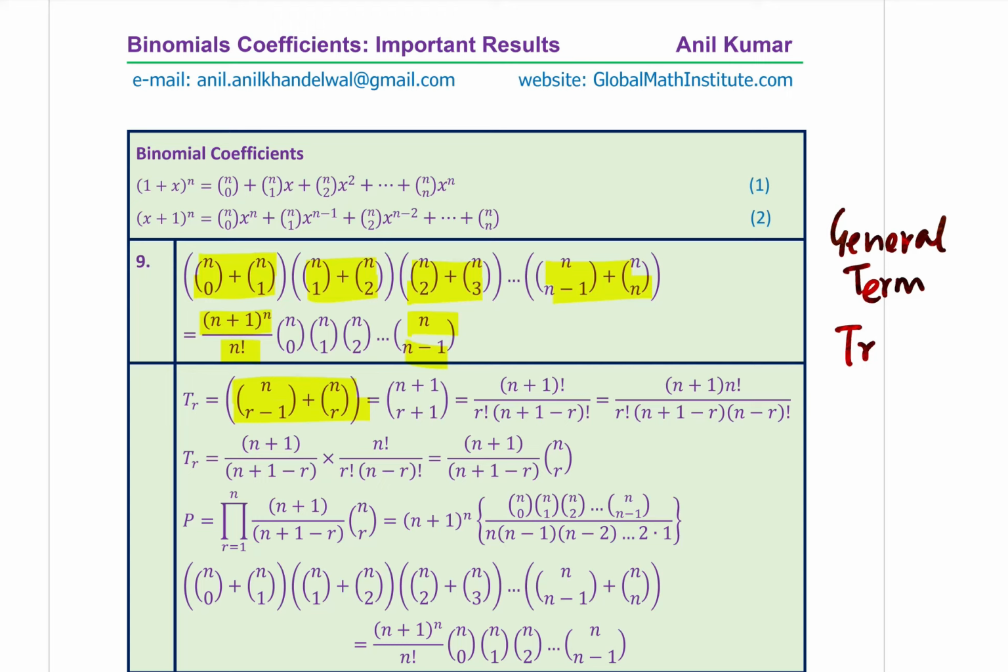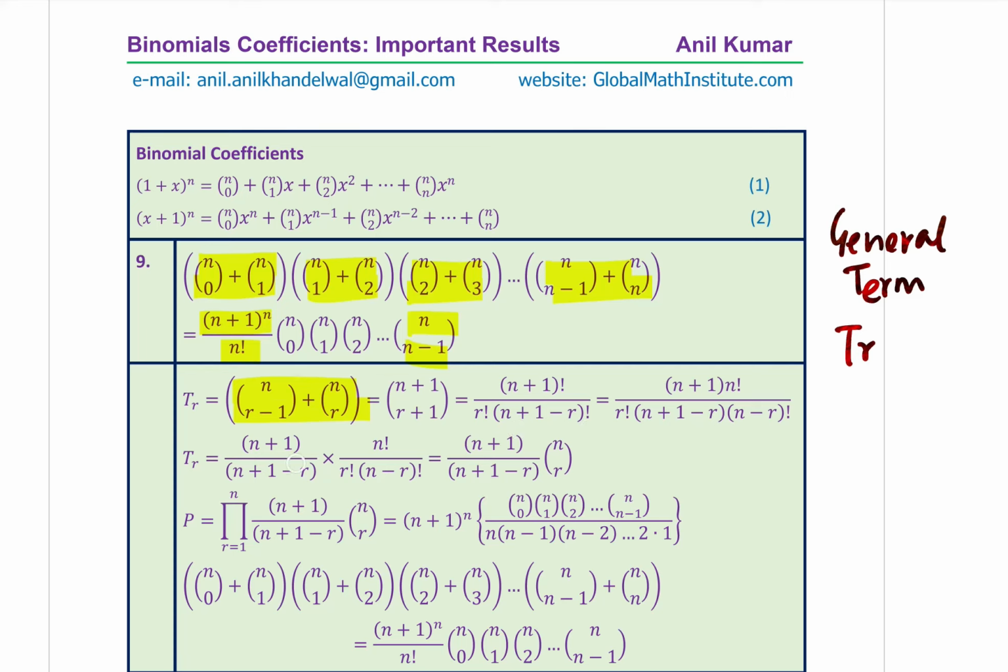So it could be written in the factorial form as n plus 1 factorial divided by r factorial times n plus 1 minus r factorial. Now you split n plus 1 factorial as n plus 1 times n factorial, and in the denominator you can write n plus 1 minus r times n minus r factorial.